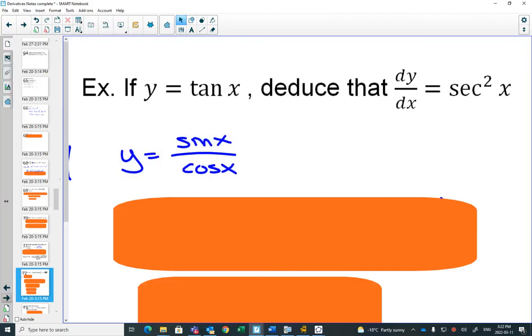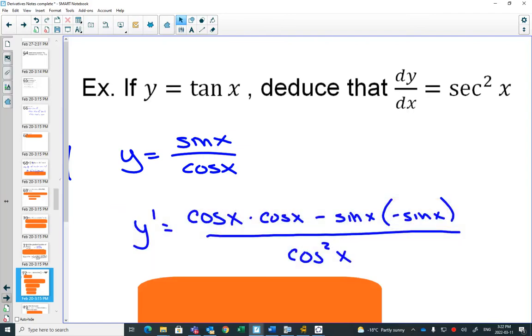Switch it to sine over cos. And then you have quotient rule. What's our quotient rule say? Keep the bottom the same. Derivative of the top. Minus keep the top the same. Derivative of the bottom over the bottom squared.